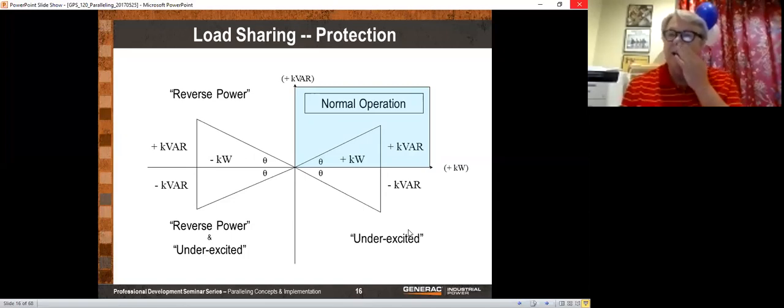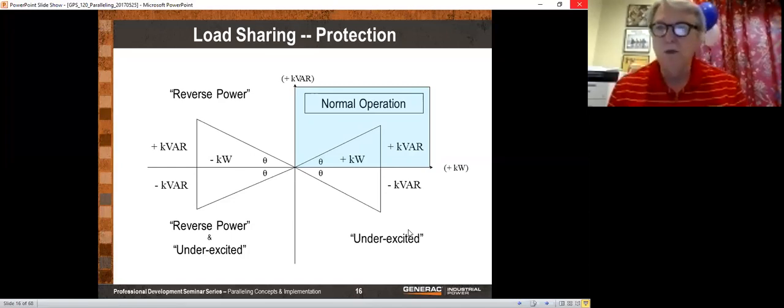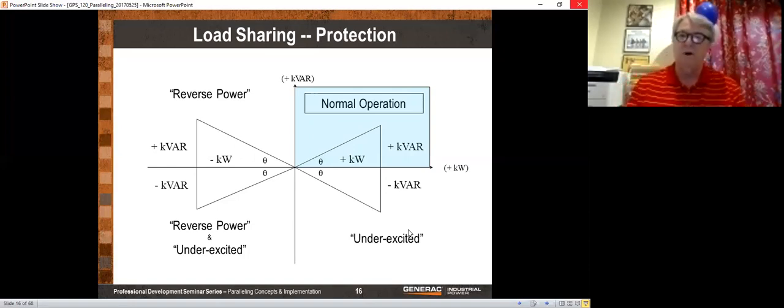As you add more kilovar, you reduce the DC current going into the field until you get to the point where the DC current is 0 or too small. And at that point, you lose control over your voltage, and you end up with wildly fluctuating voltages, which will again lead to a generator trip. So generators can take some kilovar, but for the most part, we want to try to make sure that that generator is generating kilovar and not receiving kilovar.